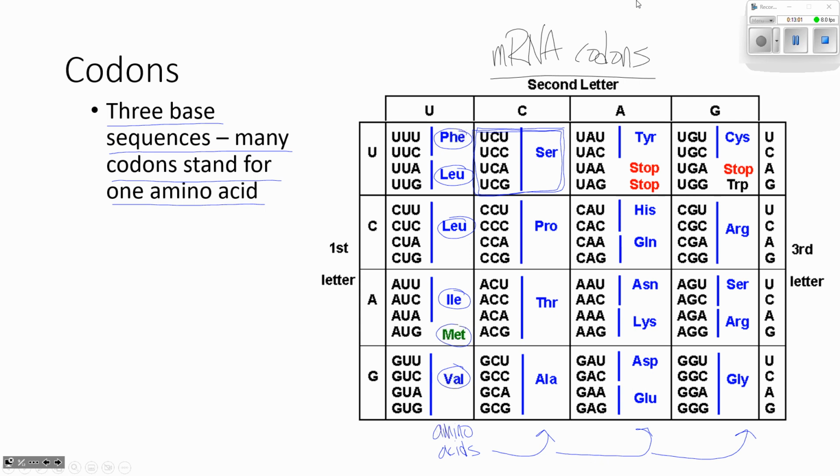The only thing you need to understand from this diagram is that these are abbreviations. LEU, for example, stands for leucine. MET stands for methionine. GLU stands for glutamine. So you don't have to know those names. You just have to know these are the different amino acids and that these are just abbreviations.